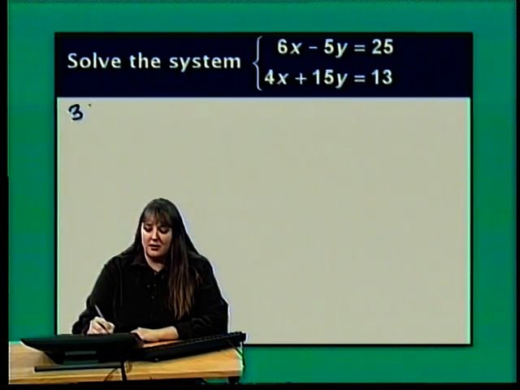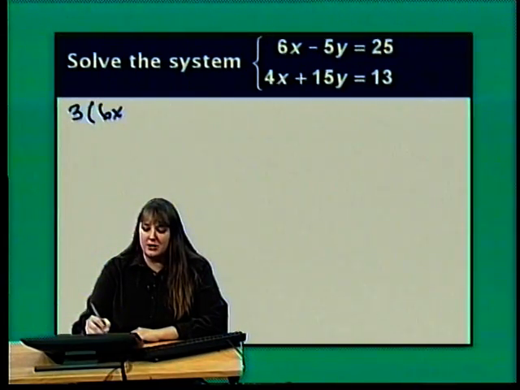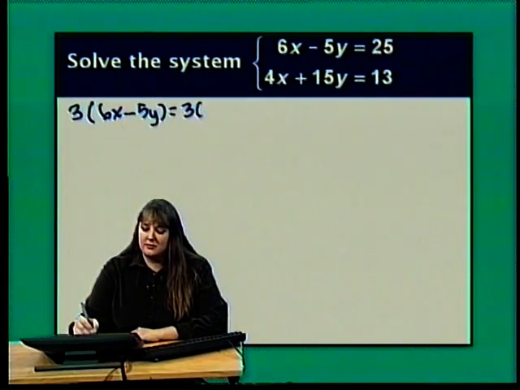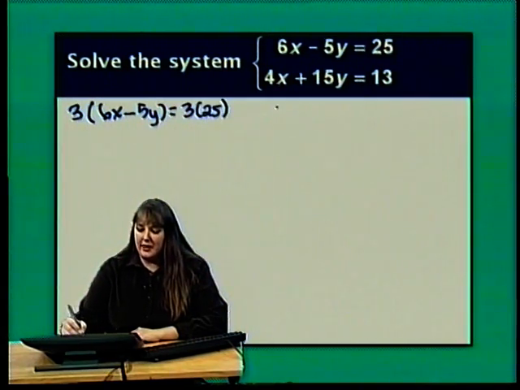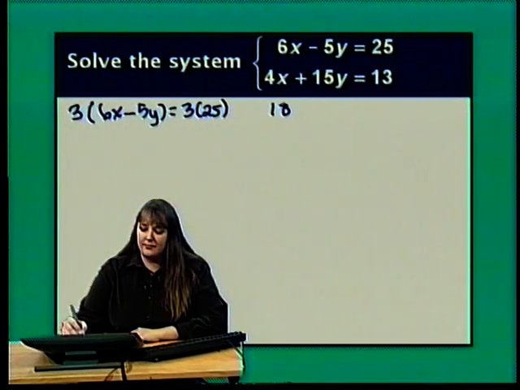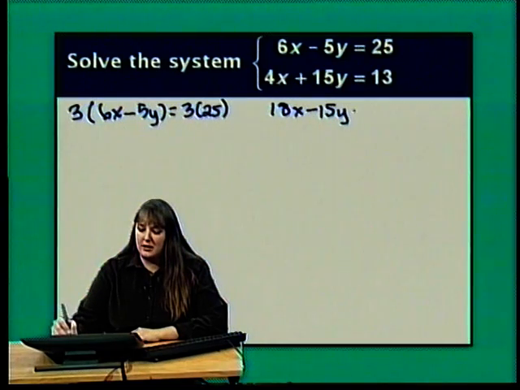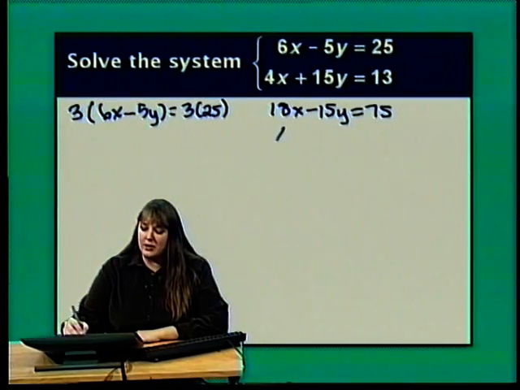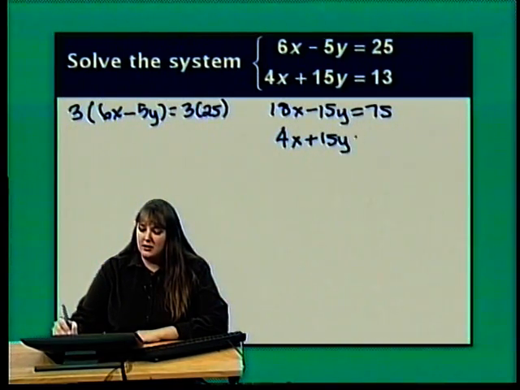We're going to multiply both sides of the first equation by 3. So that gives me 18x minus 15y equals 75. And then the second equation is 4x plus 15y equals 13.